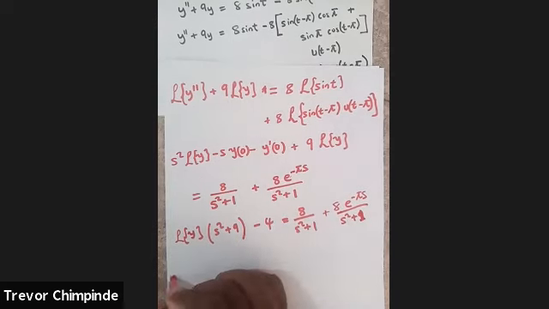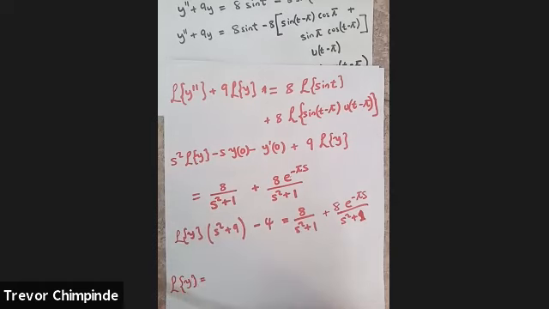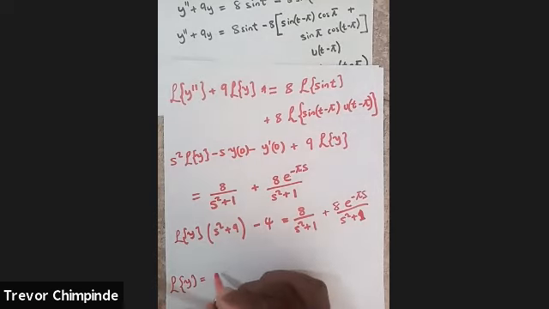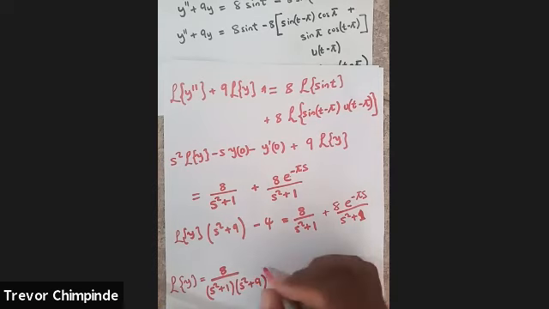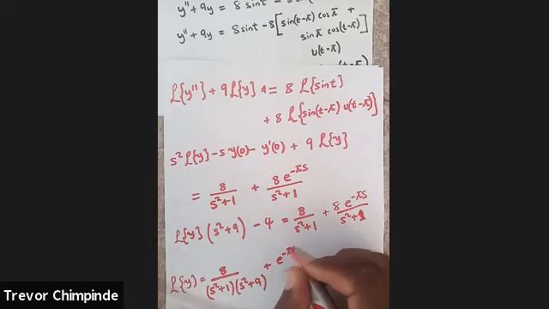So what we get is that Laplace of y is equal to, push the 4 to the other side, then divide by this. So it's going to be 8 over s squared plus 1 times s squared plus 9, plus e to the minus pi s times 8.